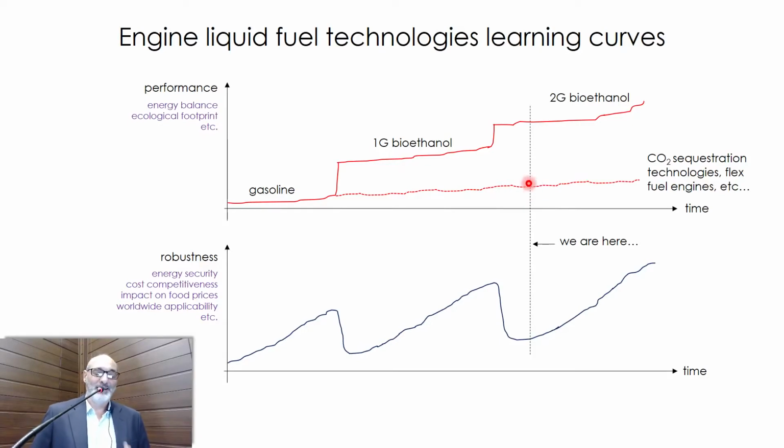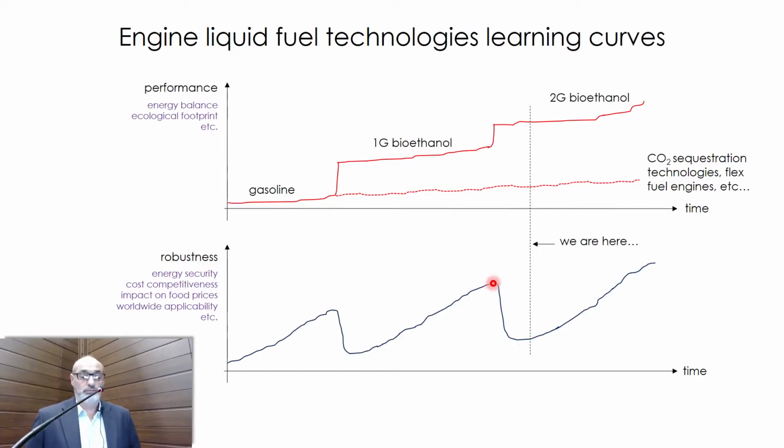Gasoline, fossil sources, I think it's probably going to be in the scenario for a longer time, especially because, I'm going to show you why, it's still very cheap, and also because CCS technology may play an important role. And in terms of robustness, we may be more or less like here, so we are less robust than in, I would say, 1968, before the first oil crisis in 73.